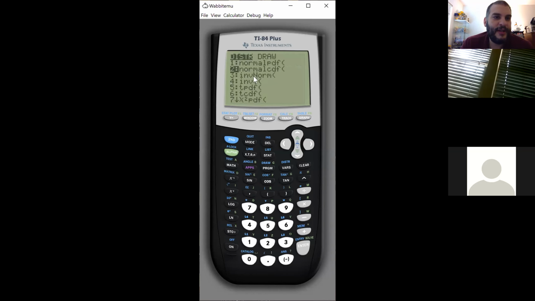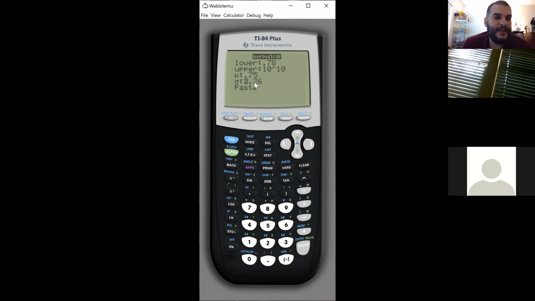If you look at it, we're still gonna use the normal CDF as we did last Monday. So for the lower, we said it was 0.78. So we put 0.78. For the upper is positive infinity, so just leave it as positive infinity. For my mu we said was 0.75.